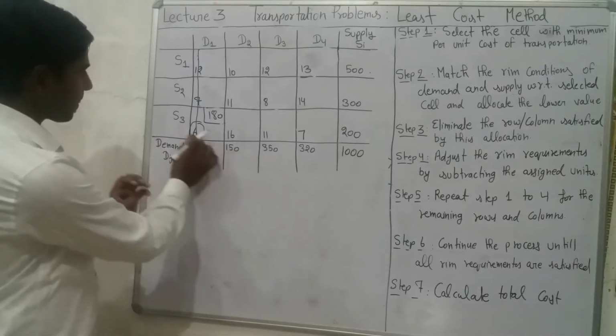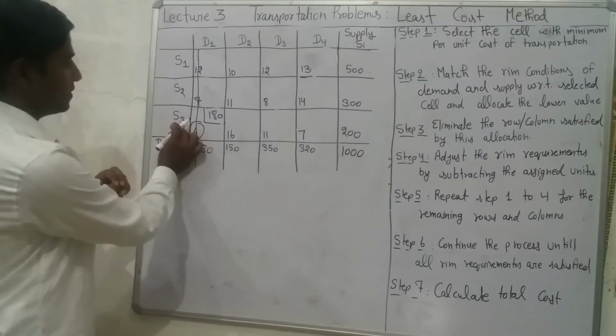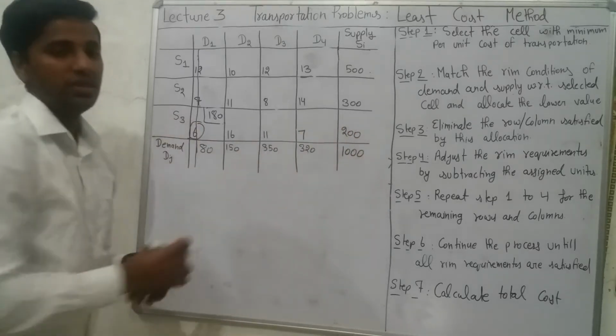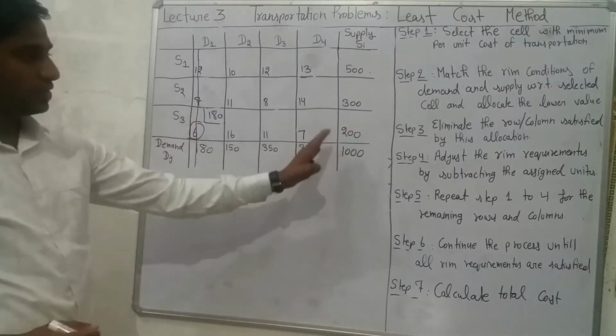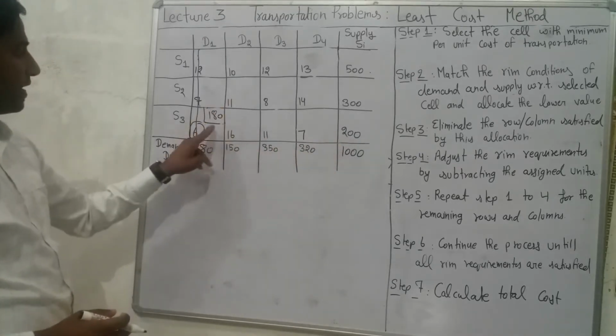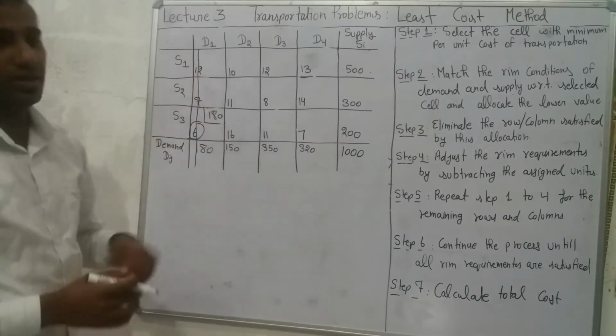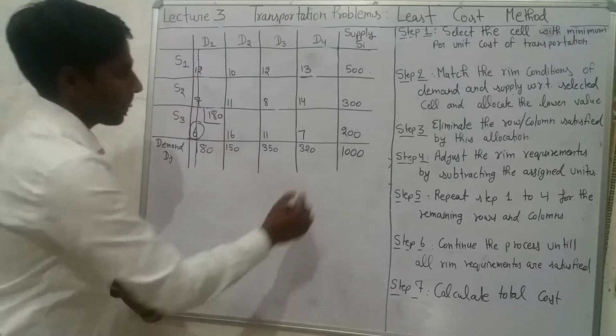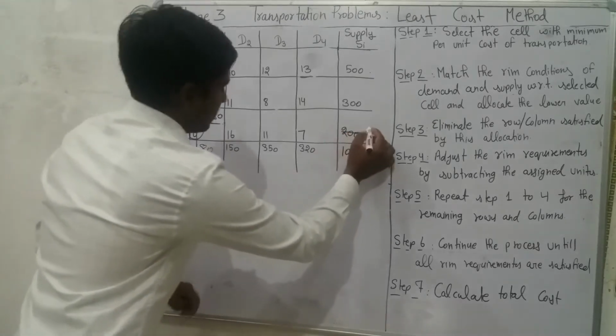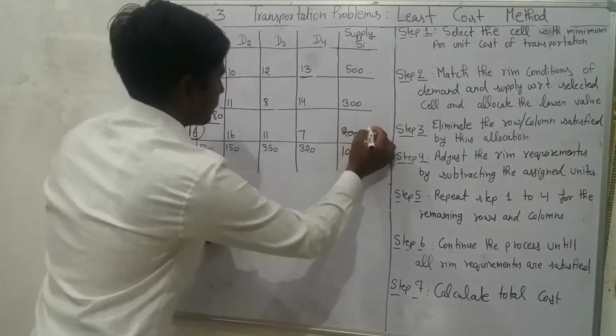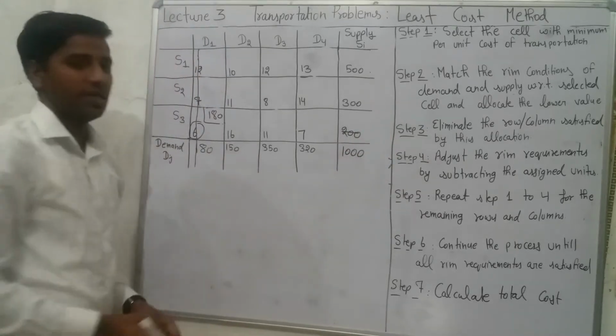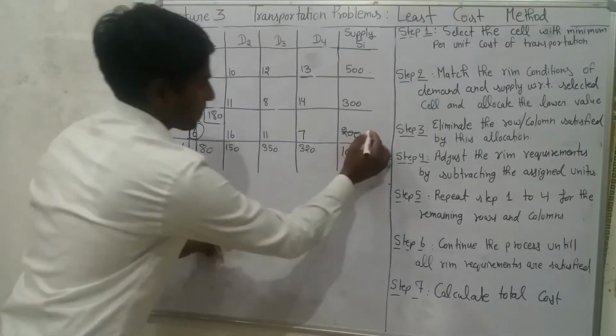Suppose the supplying capacity of source 3 was initially 200 units, and out of those 200 units we have allocated 180 units to the destination 1. So basically source 3 is left with 20 units.